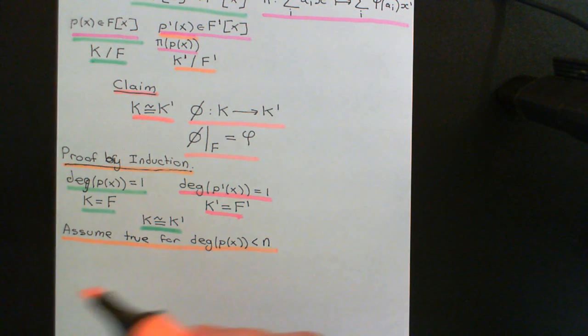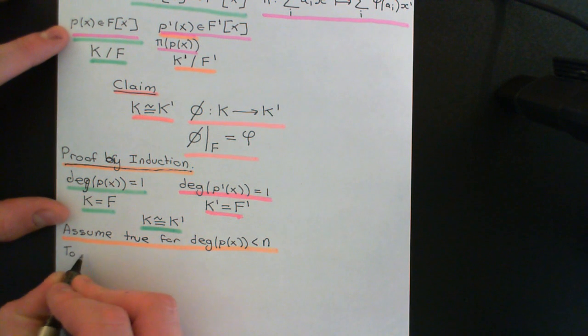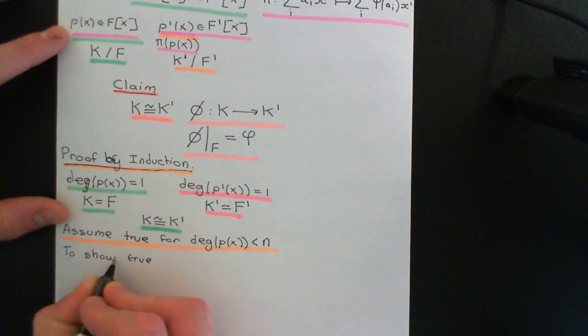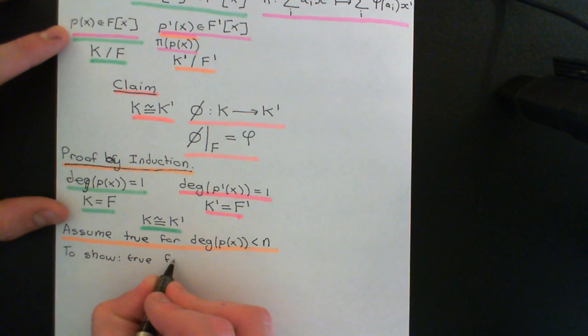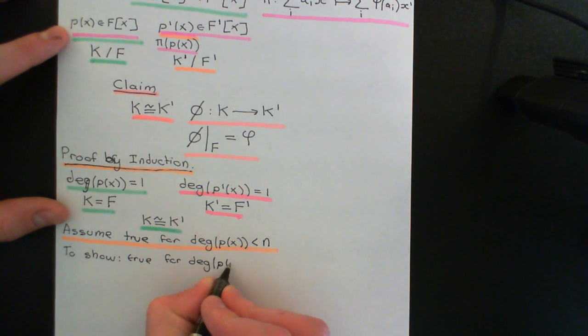And now what we need to prove, the inductive step, is that it's going to be true if the degree of the polynomial is equal to n. So to show that it's true for the degree of the polynomial equal to n.